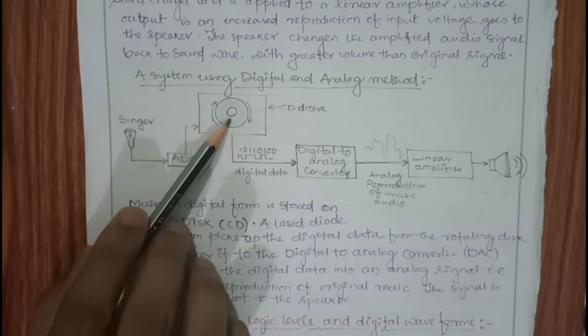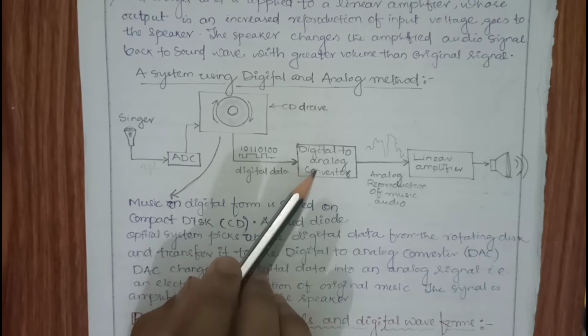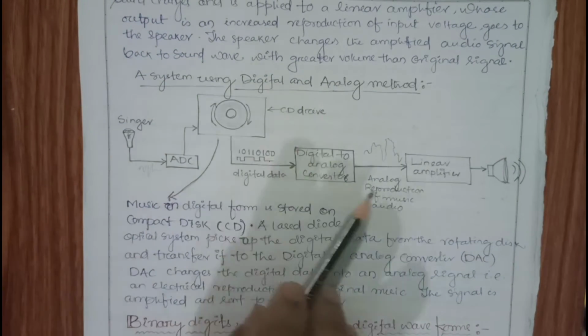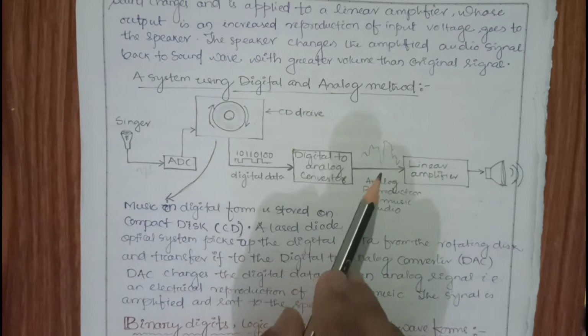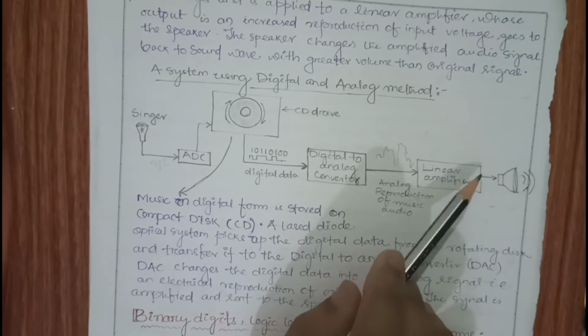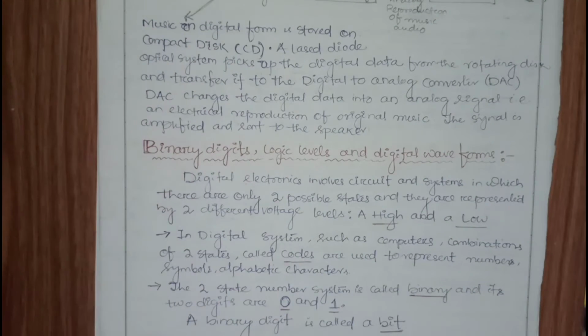Then from the CD drive we draw this digital signal and apply it to a digital to analog converter. It means this part is the analog process, this part is the digital process, and again the analog process. That's the same as what we did earlier, putting an amplifier and then a loudspeaker. This is all about analog and digital, just basic information that we should know, both analog and digital signals, for our communication.